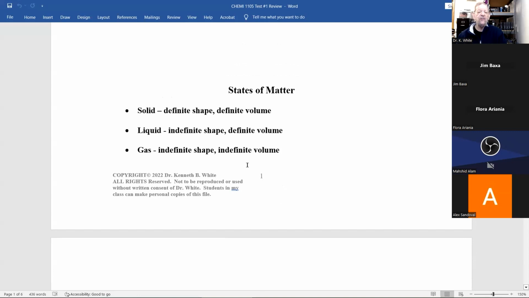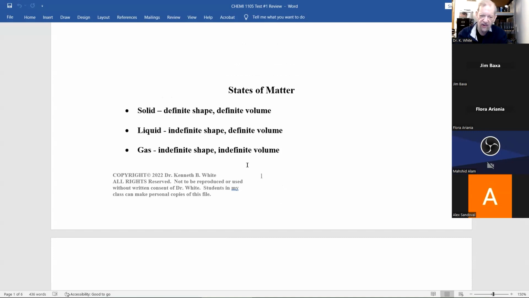All right, next, I talked about the 3 states of matter you should know. There's solid, liquid, gas. If we were face-to-face right now, I'd say, class, what are the 3 states of matter? I make you real loud say solid, liquid, gas. You should also know a solid has definite shape, definite volume.